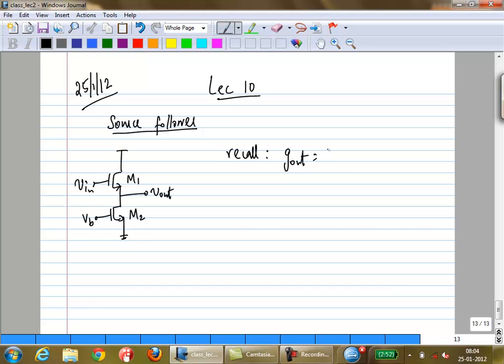What is the output impedance of this? We did this right in the first couple of classes. What is the output impedance? Louder please. RD1 parallel RD2, is it? Okay, please check again.